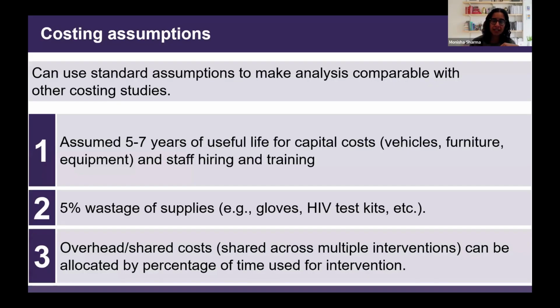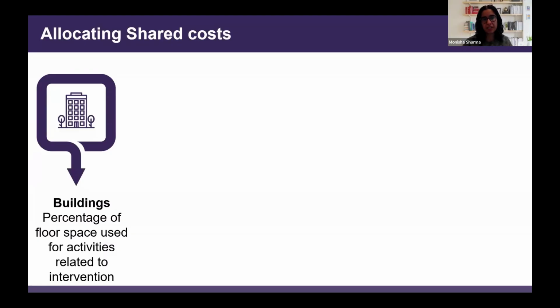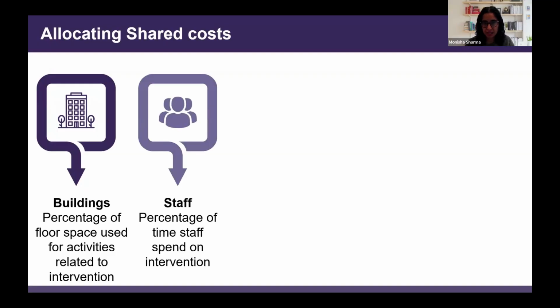And then this is more for an economic evaluation, but if you have overhead costs like building and internet that the intervention is using, but other interventions are also using them, they can be allocated by the percentage of time used for that intervention. So, for example, for the building, if it's in a clinic, you could say the percentage of floor space needed for that intervention for the time you're using it.